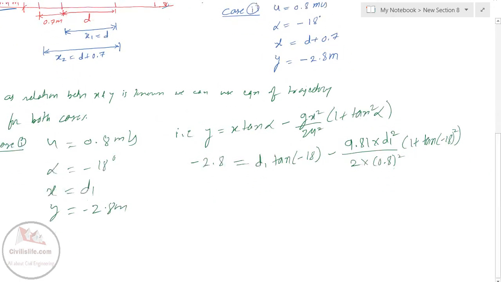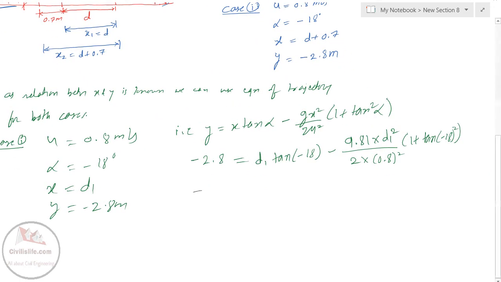So we have to simplify this equation. On simplification it becomes minus 2.8 equals minus 0.325 d minus 8.473 d square. Now it's a quadratic equation. After rearranging the terms, it is 8.473 d square plus 0.325 d minus 2.8 equals 0.